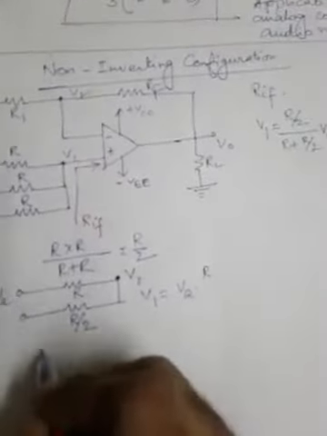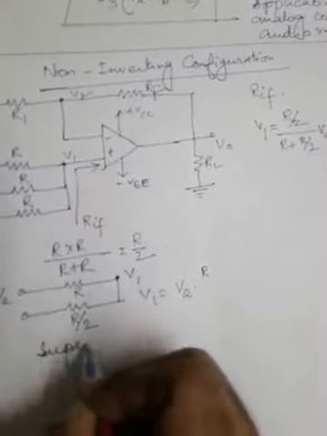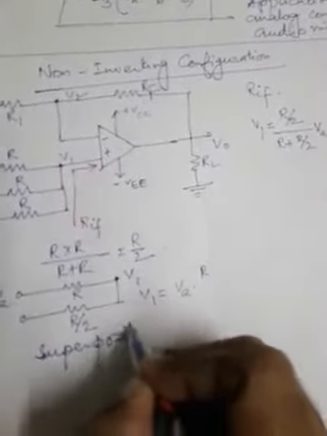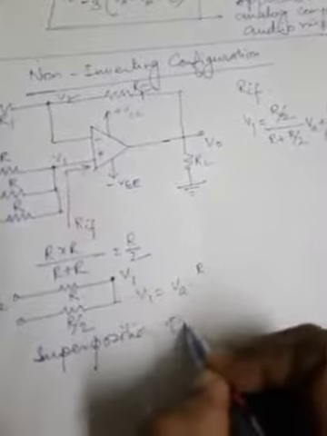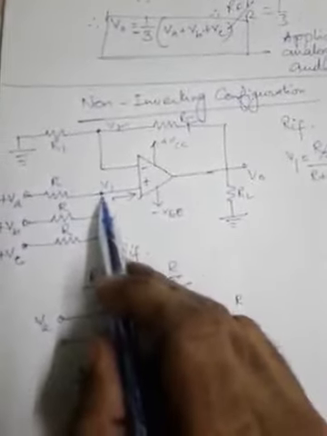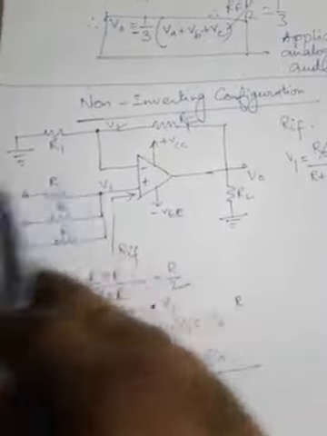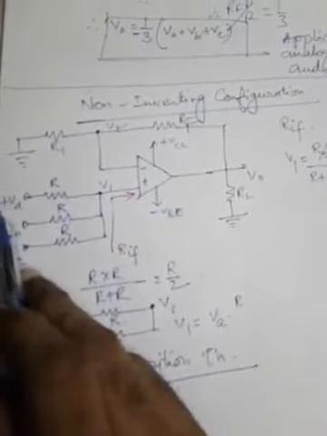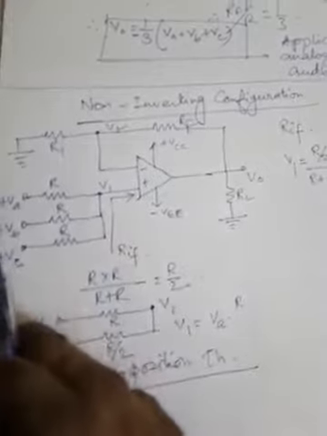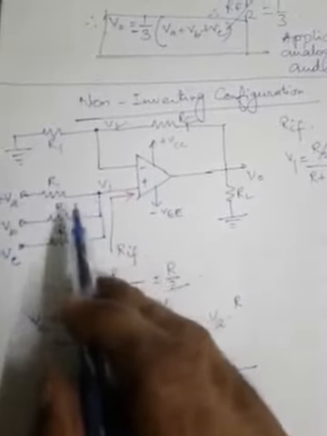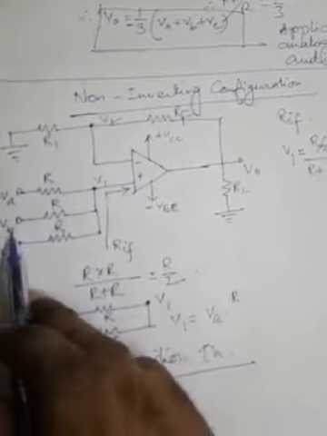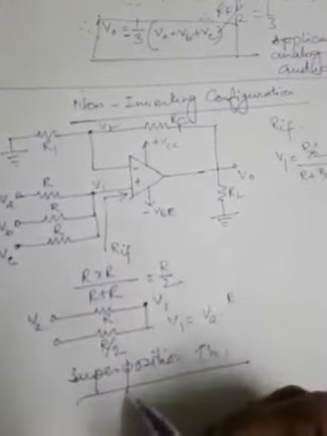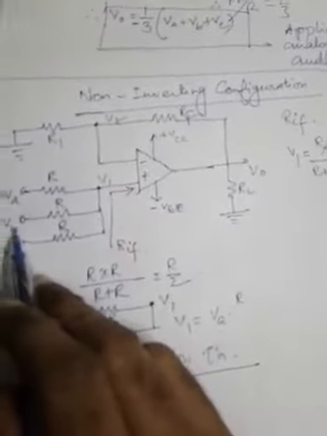And since we are applying the superposition theorem, superposition theorem means we need to find the effect of voltage V1 with respect to VA first, and when we are finding that, then VB and VC as per superposition theorem should be connected to ground.